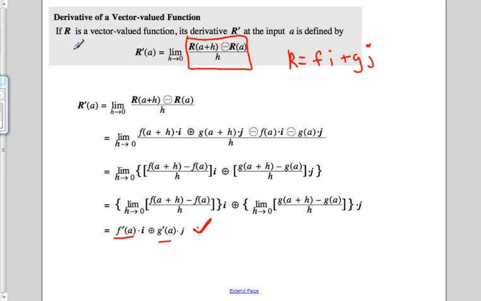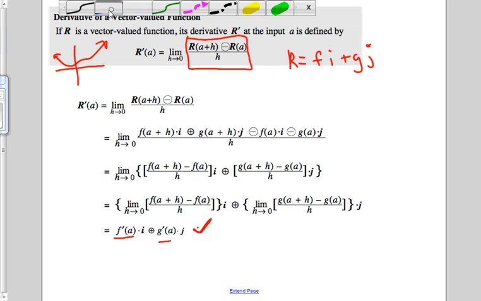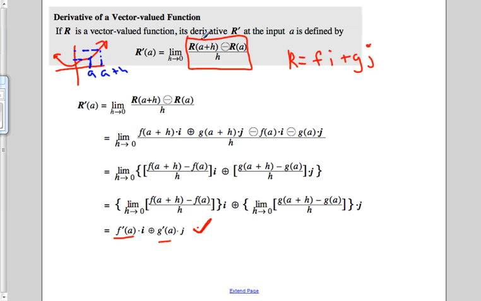Just as a reminder of what that important equation is, if we have this function here, and we have some point a and some point a plus h, at that point a, this would be the point r of a, and here at a plus h, that's going to correspond to r of a plus h.